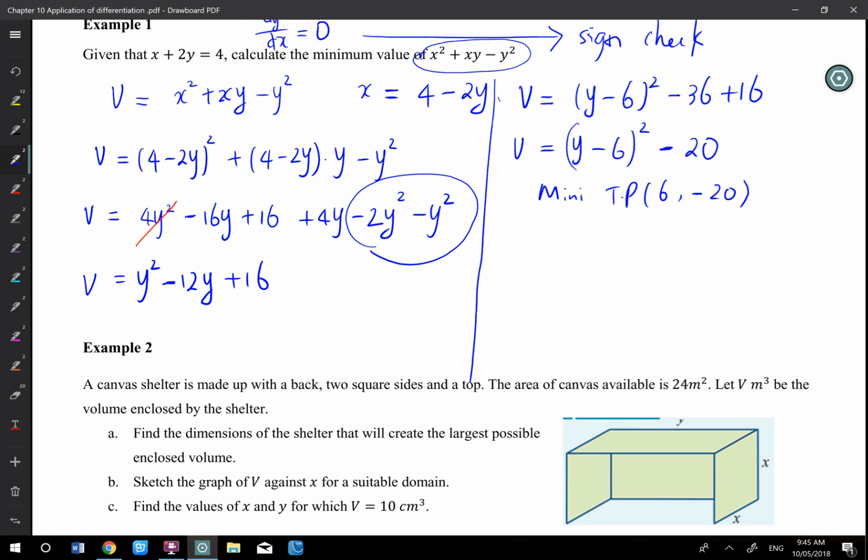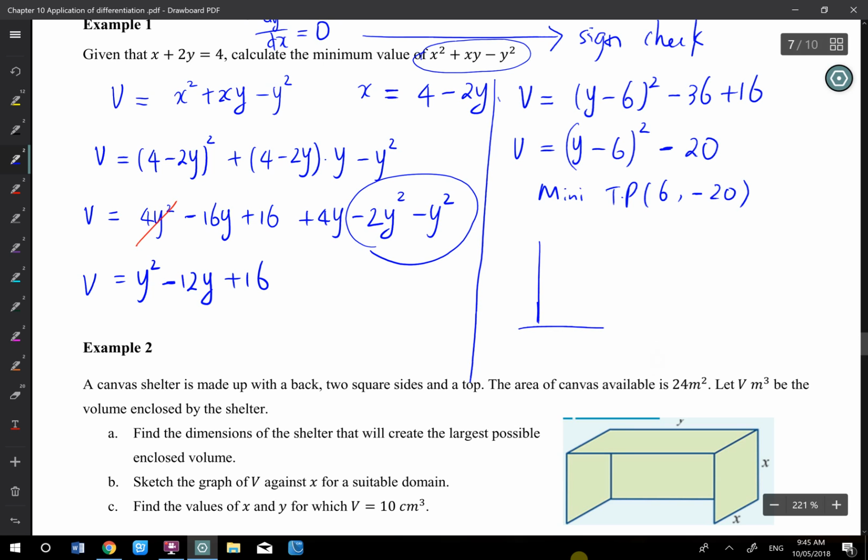You can't leave your answer like the minimum turning point is 6, negative 20. You need to answer the question because it's an application. What should the final answer be? Do we need to sub into the equation? What kind of graph is that? It's a y and v graph, right?